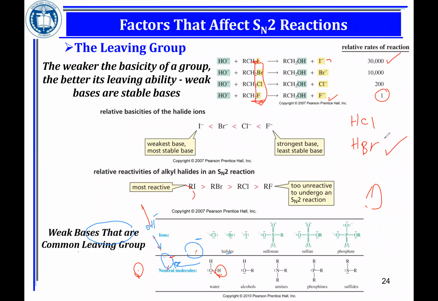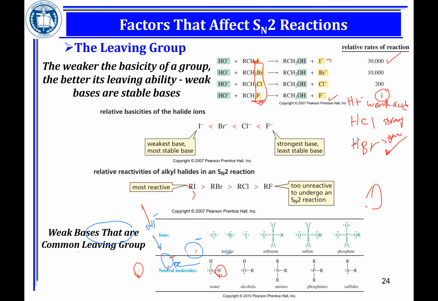If you go down in a group, the acidity is going to increase. Actually, HF is known as a weak acid. HCl is a strong acid, but HBr is stronger than HCl.